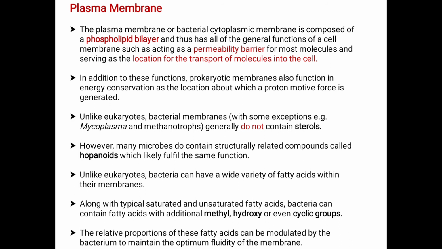This is the main function of the plasma membrane, where the permeability barrier, that is the intake and outtake of the ions, is the location for the transport of molecules into the cell. Next, in addition to these functions, prokaryotic membranes also function in energy conservation as the location about which a proton motive force is generated.